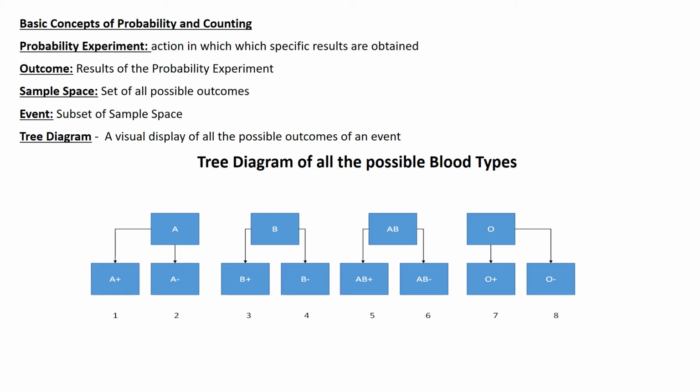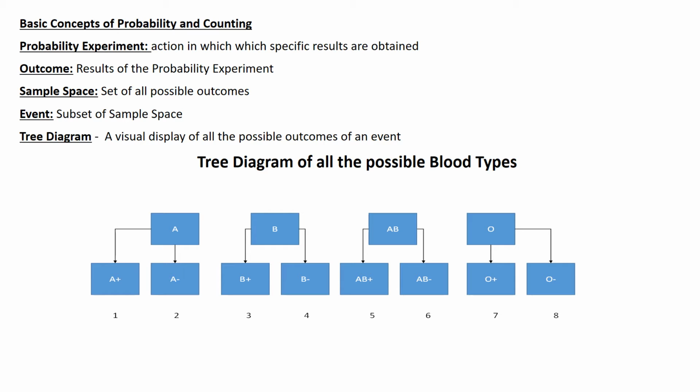The outcome is the result of these probability experiments. The sample space is all the possible outcomes. For example, there are two outcomes when you flip a coin, a heads or a tails. If we roll a die, there are 6 outcomes, a 1, a 2, a 3, a 4, a 5, or a 6. And then the event is a subset of those outcomes.